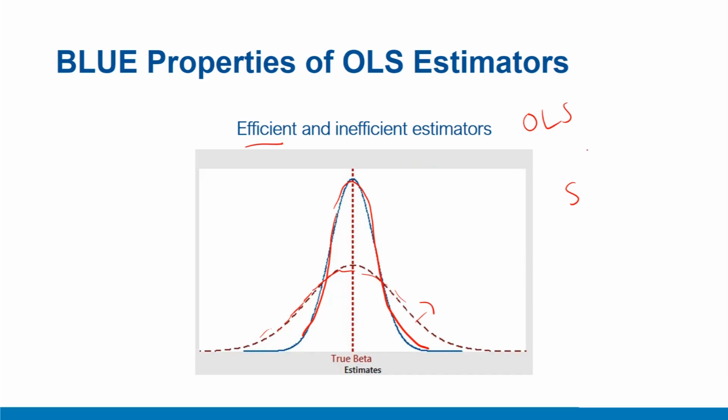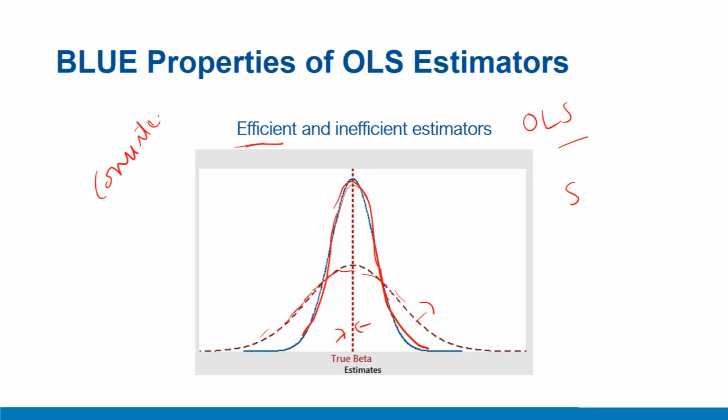If these two properties of unbiasedness and efficiency are combined, it is said that for OLS estimators in large samples, their expected value converges closer and closer to the true beta, and they become more and more efficient. That means their variance becomes lower and lower, and therefore the combined property of efficiency and unbiasedness is often referred to as consistency.